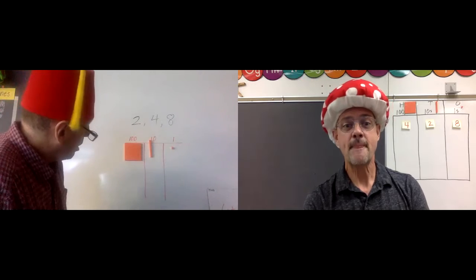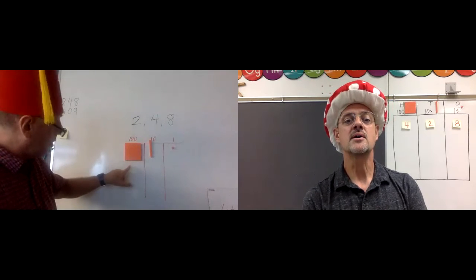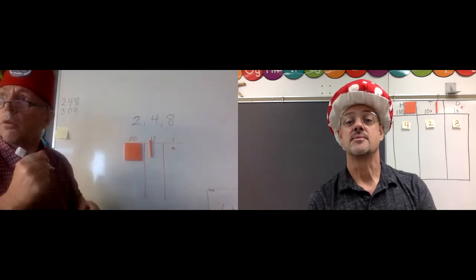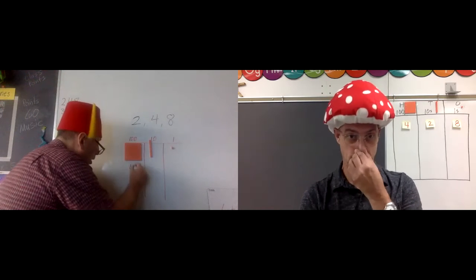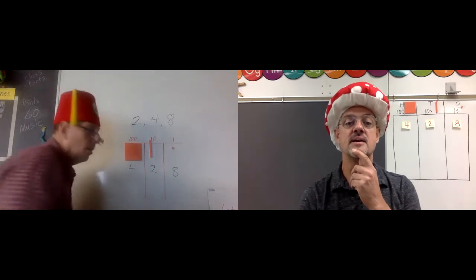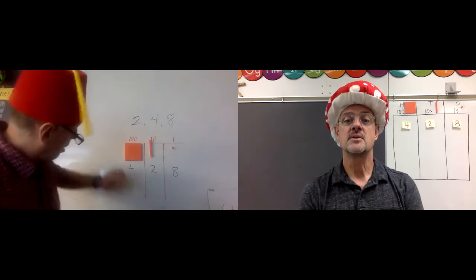Okay, so let's look at what you put here. In the hundreds, you put 2, right? I put a 4. Oh, you put a 4, and then you put a 2. Yep. And an 8. Now, big number. That's a really nice number.